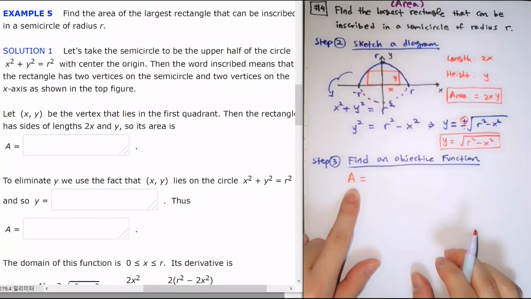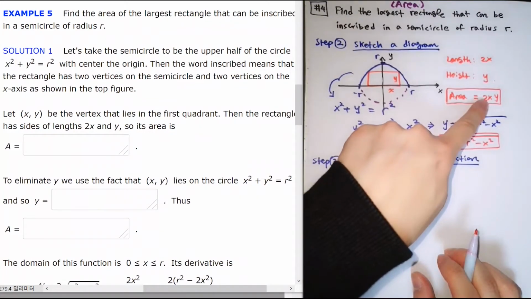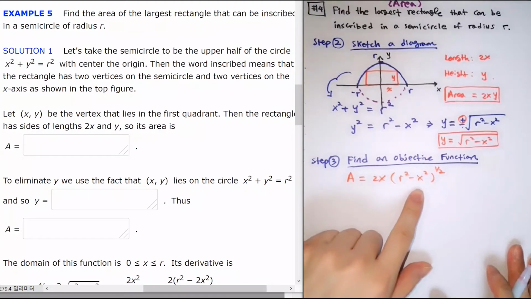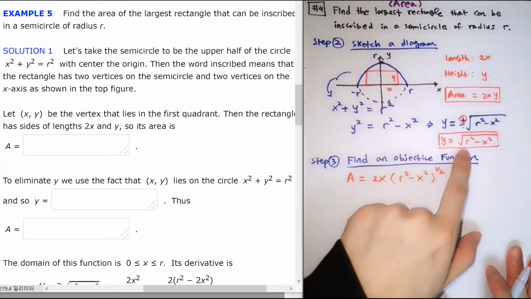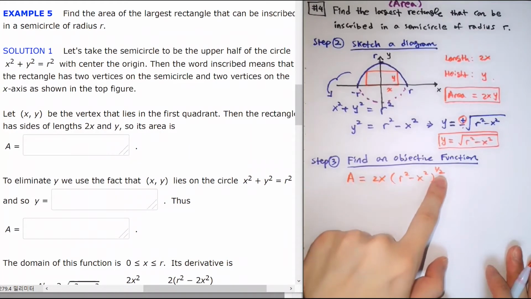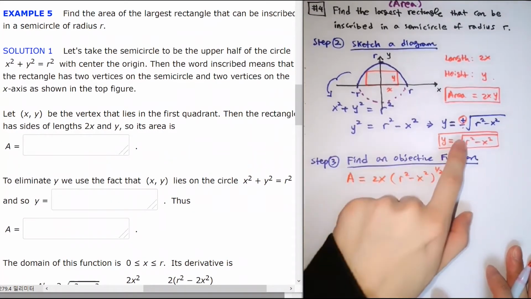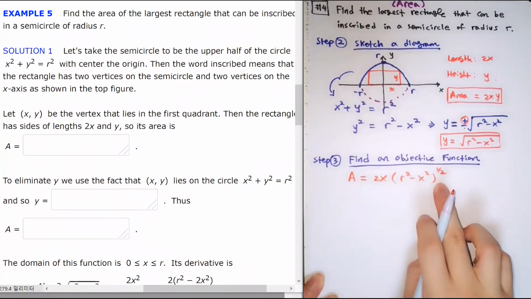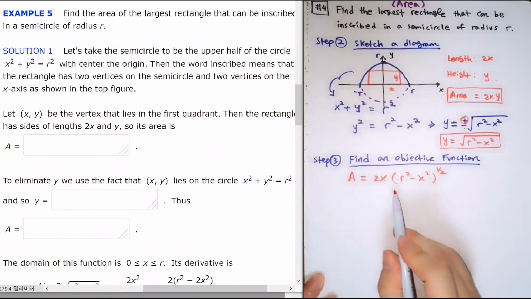The area function is equal to 2 times x times this. Are you guys okay if I write, instead of square root, r squared minus x squared to the power of 1/2? Hopefully you guys know that they're the same. The reason why I write it this way is that it's so easy to apply the product rule at the end.